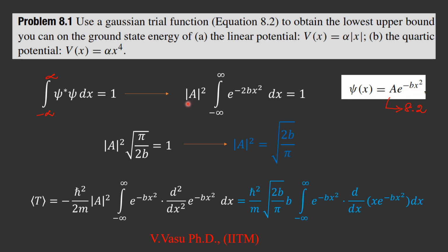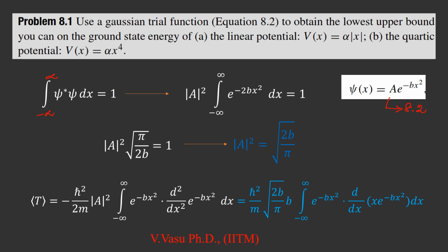So psi star psi is modulus A squared integrated from minus infinity to plus infinity of e to the power minus 2b x squared dx, which must equal 1.